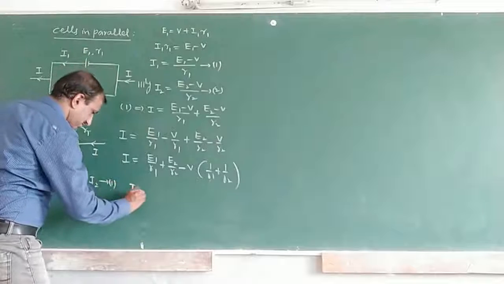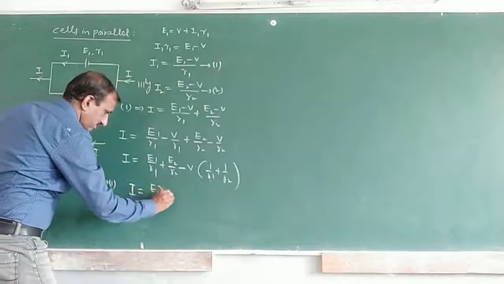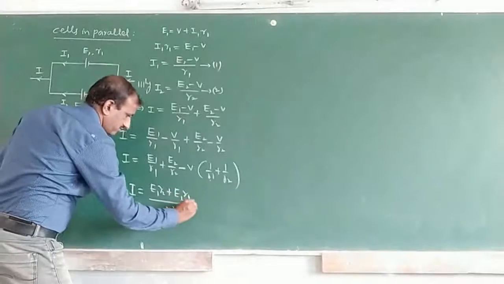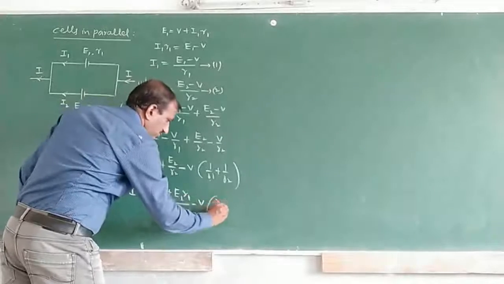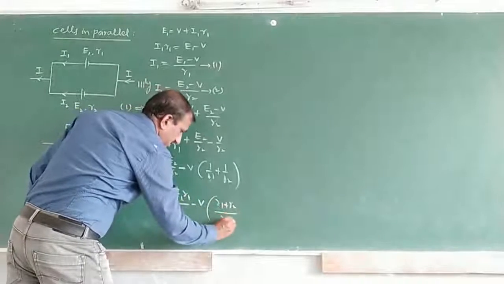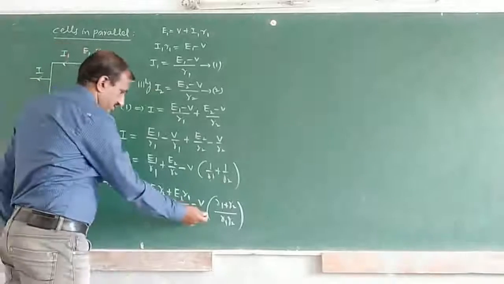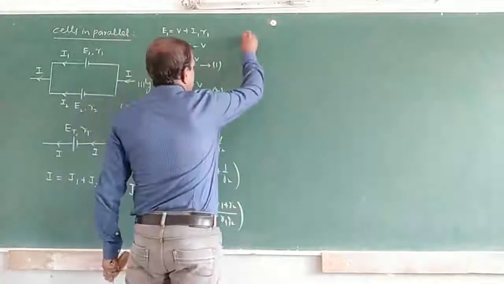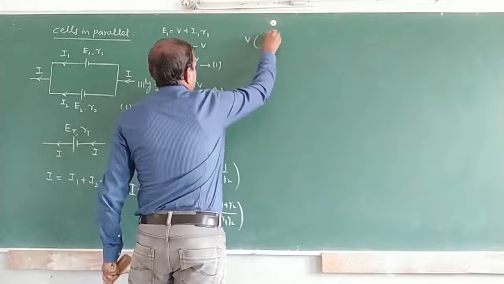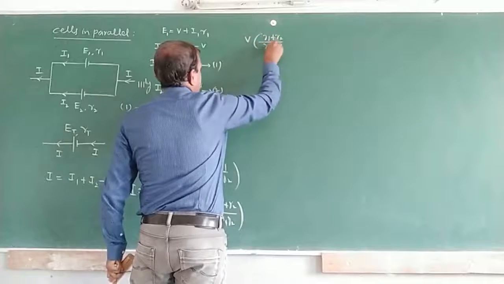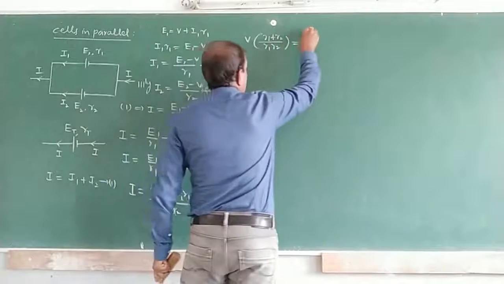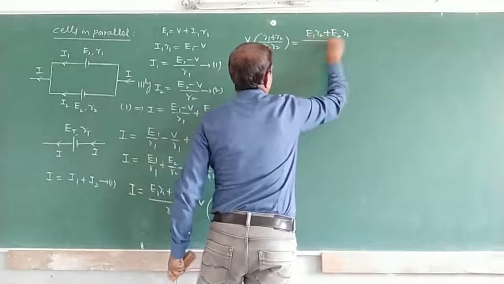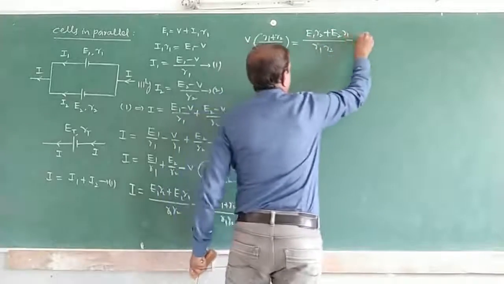This can be written as E1 R2 plus E2 R1 divided by R1 into R2 minus V into R1 plus R2 divided by R1 into R2. Take the V term to the left side and I to the right side. Now V into R1 plus R2 divided by R1 into R2 is equal to E1 R2 plus E2 R1 divided by R1 into R2 minus I.